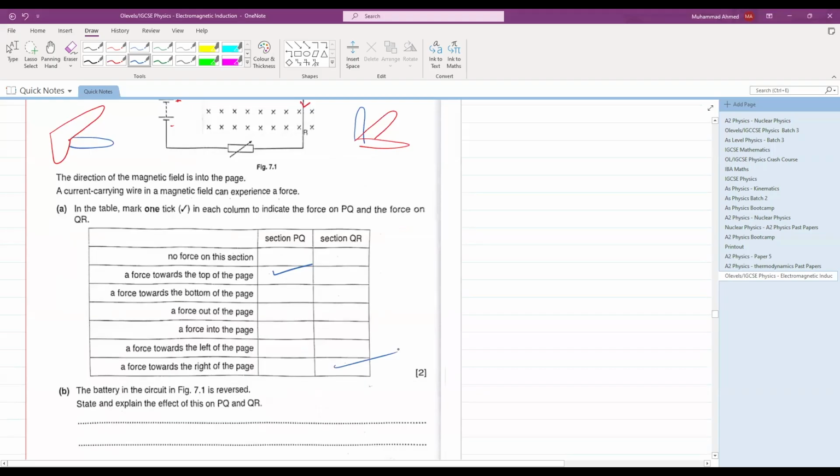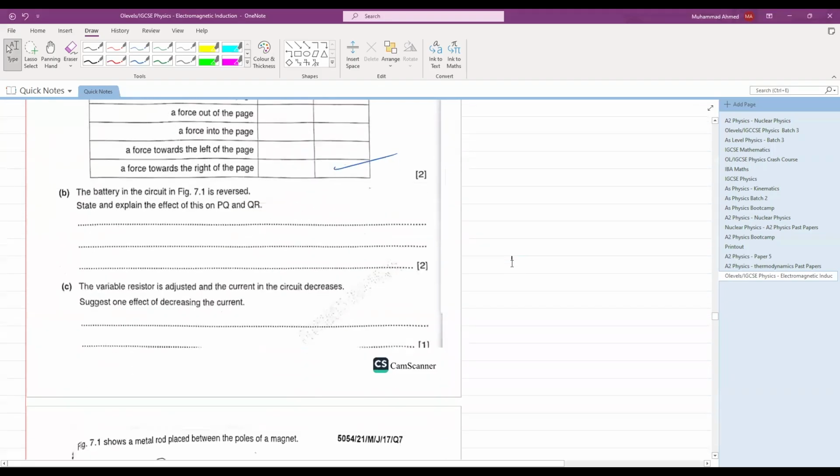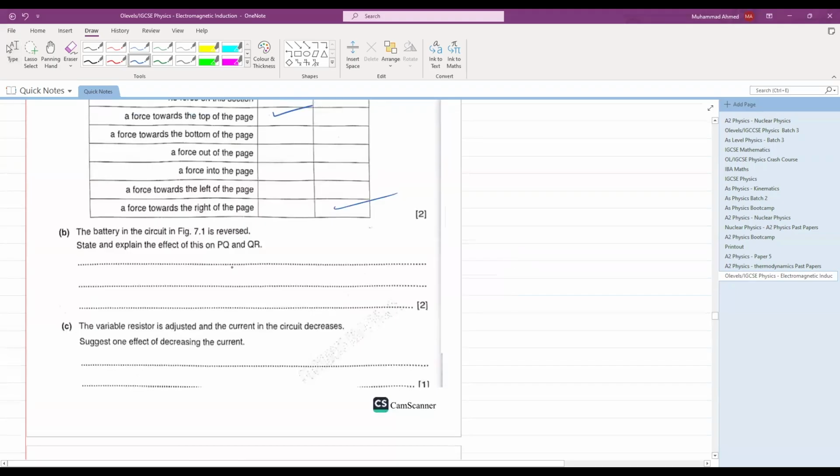Yes. Right. The battery in 7.1 is reversed. State and explain the effect on PQ and QR. Both the forces. Since the current reverses, see what will happen if the battery reverses. The current reverses, and since the current reverses, the forces will also reverse on both PQ and QR.